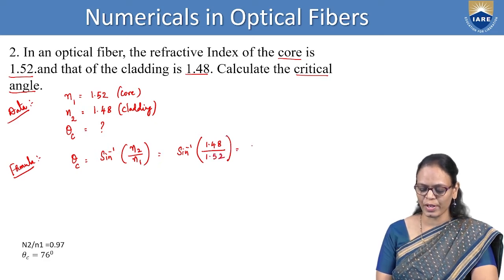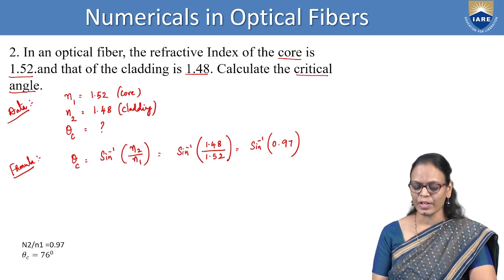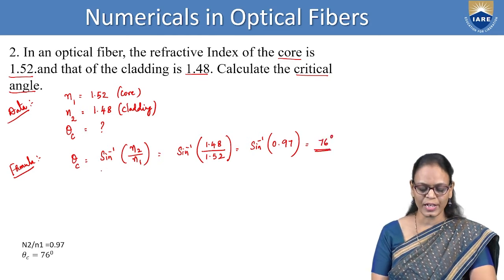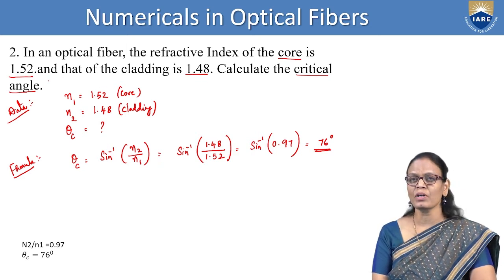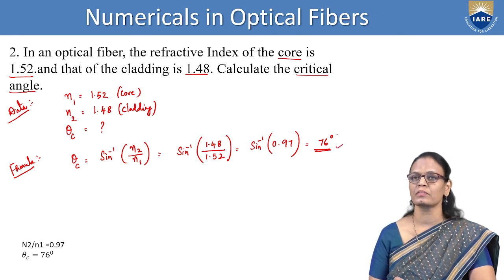So 1.48 upon 1.52 will give us 0.97. Now you can use the calculator and find sine inverse of 0.97 is equal to 76 degrees. So the critical angle for this pair of core cladding having refractive indices 1.52 and 1.48 is 76 degrees.